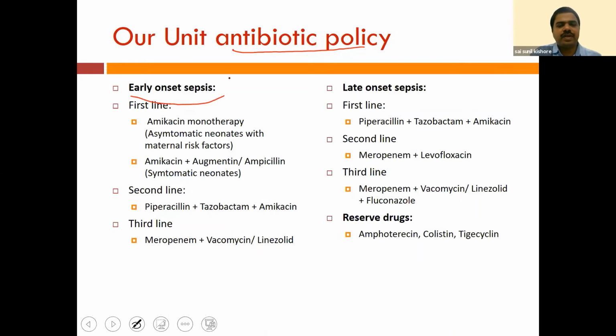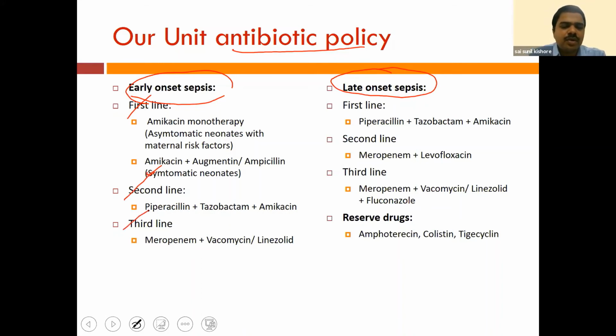And this is our unit antibiotic policy: what we do for early onset and what we do for late onset sepsis. In early onset sepsis, the first line will be amikacin monotherapy if the baby is asymptomatic and you are starting antibiotics only for maternal risk factors. If the baby is symptomatic, I'll start amikacin along with ampicillin. Second line will be piperacillin tazobactam with amikacin.